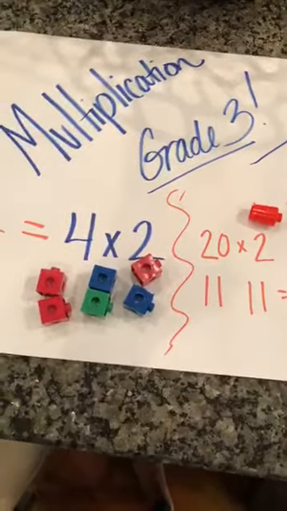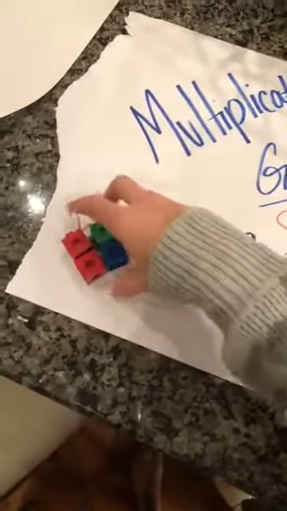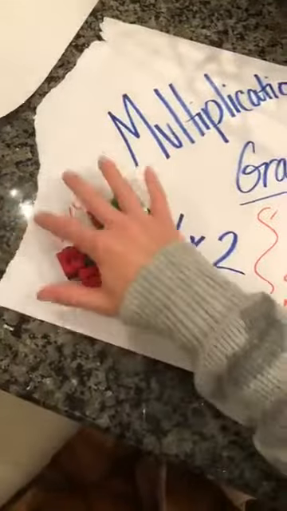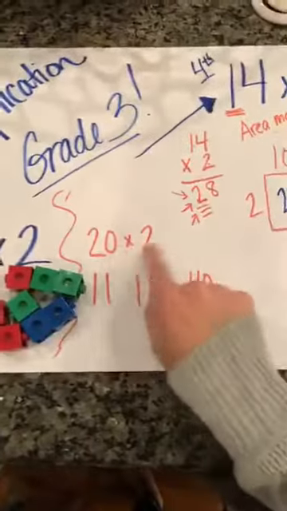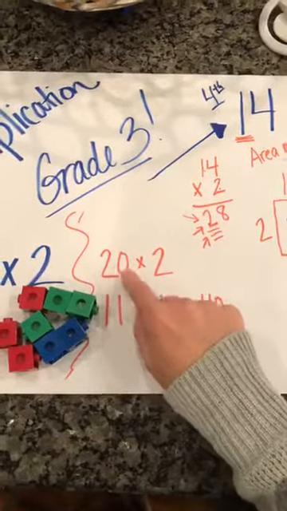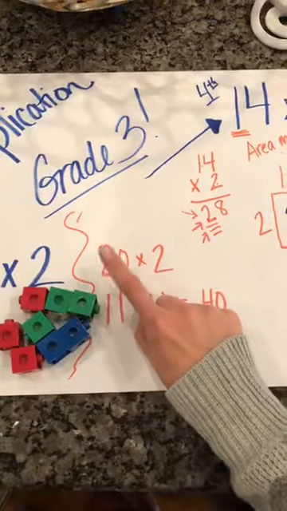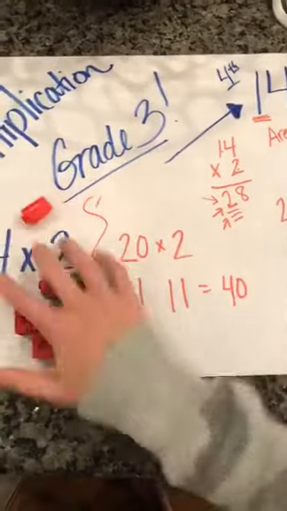Now when they get to 4 groups of 2, or they see it as 2 groups of 4, it still gives you 8. They then multiply a multiple of 10. So anything that ends in a 0 is a multiple of 10. So 10, 20, 30, 40, 50, 60, 70, 80, 90 by 2.